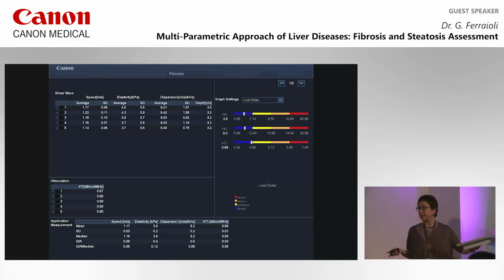So all the guidelines published for shear wave elastography use the IQR divided by median. This is a quality factor, and should be less than or equal to 30%, 0.3, when we use the Young's modulus.